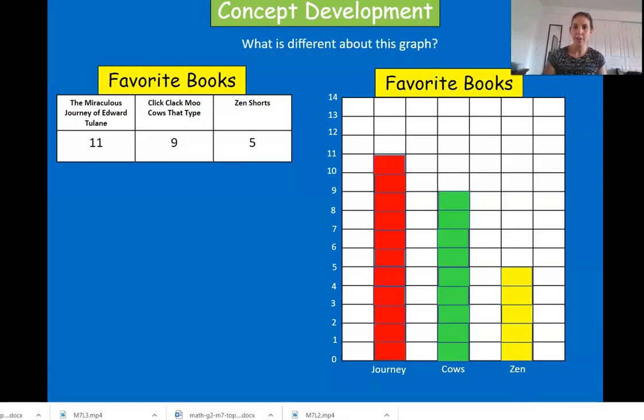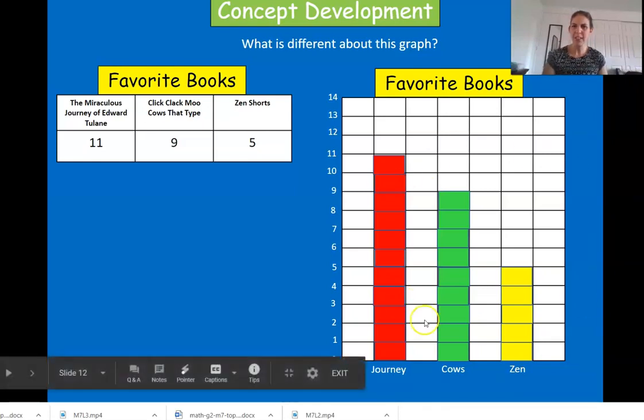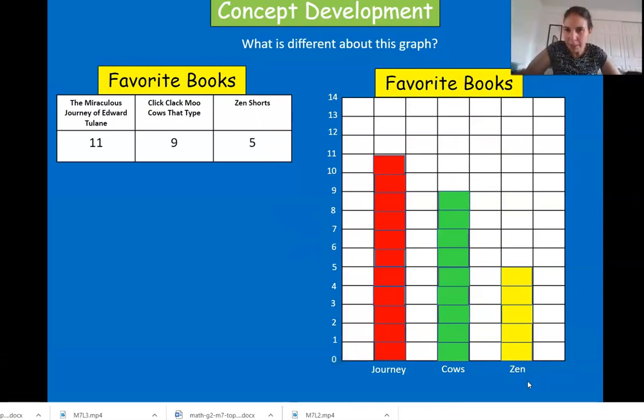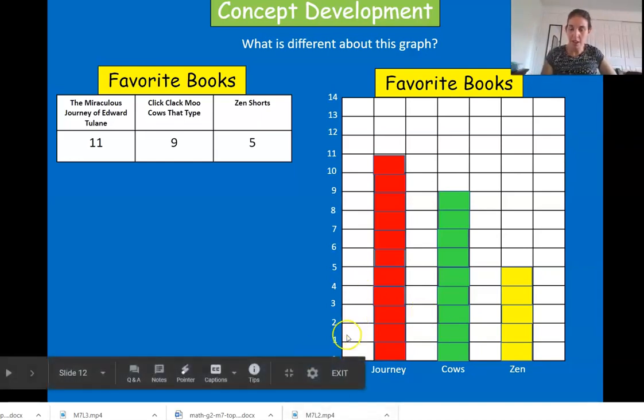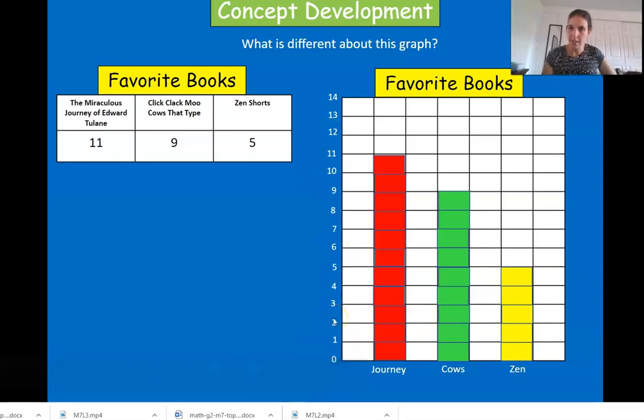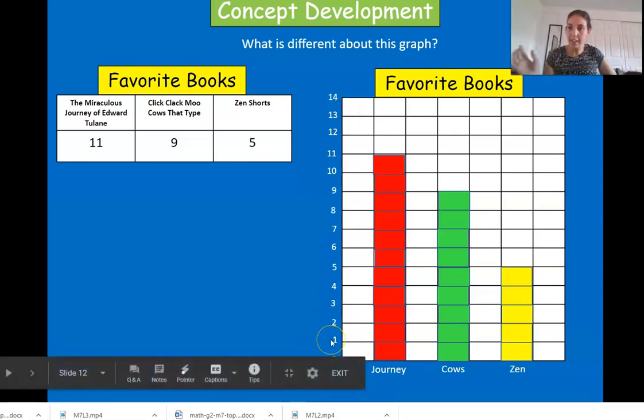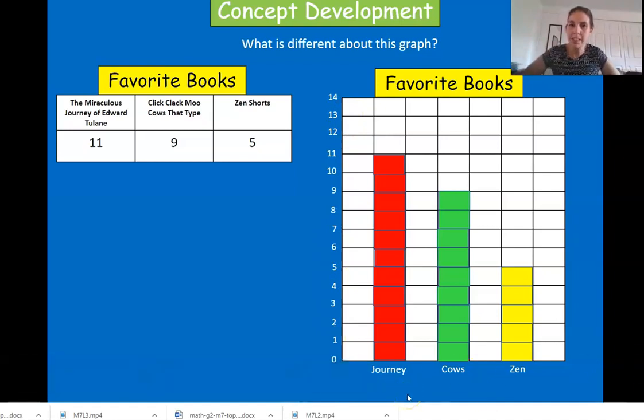And now we can think about what's different about this graph. What's different? I kind of gave you some clues in the beginning. Well, for starters, the number scale goes vertically, and the other one went horizontally. Okay, what else is different?